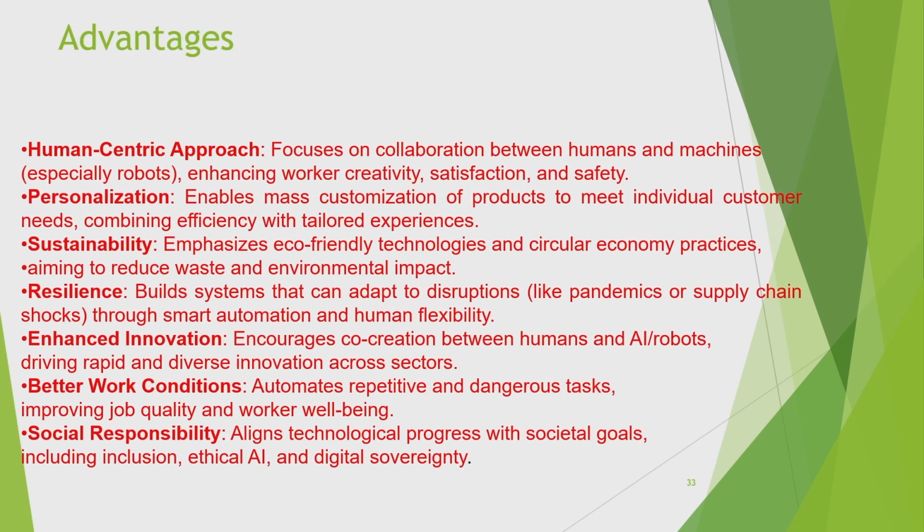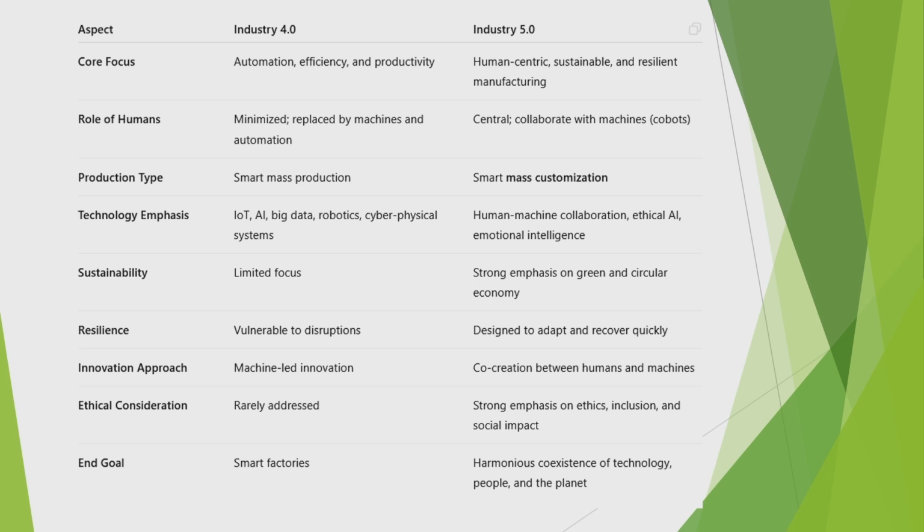The advantages are that it has a human-centric approach, it can be more personalized, and it focuses on sustainability and resilience, which means it builds systems that can adapt to disruptions like the COVID pandemic and supply chain shocks. It also brings enhanced innovation, better work conditions and social responsibility.